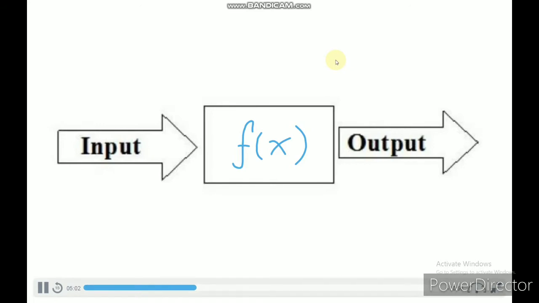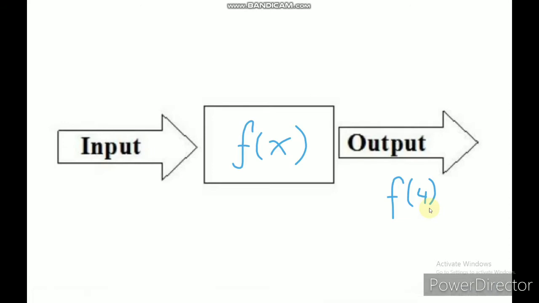So this is an example of how it works. For example, if my raw material is 4, then 4 comes into the machine, it's being processed, and then the output is f(4). This is how the algebra language speaks.